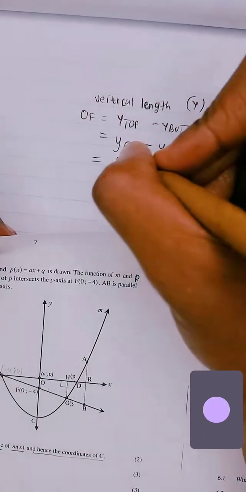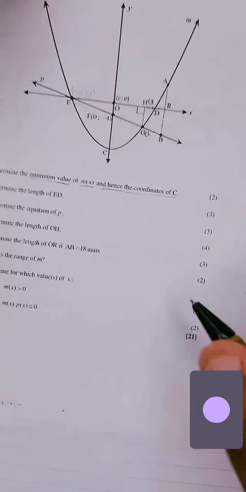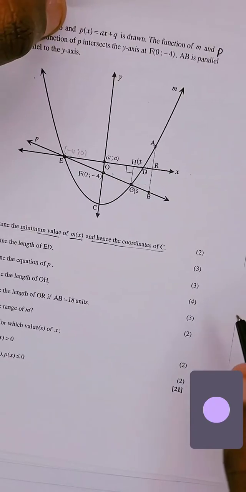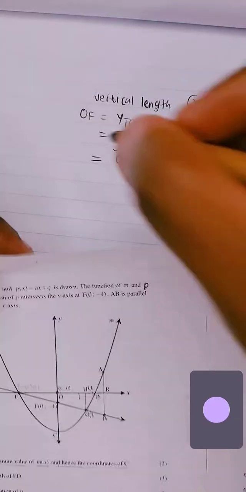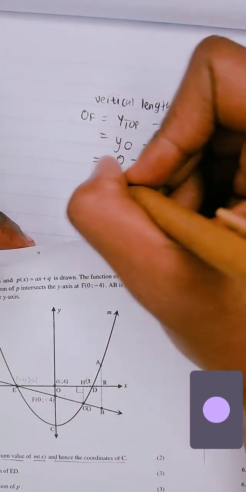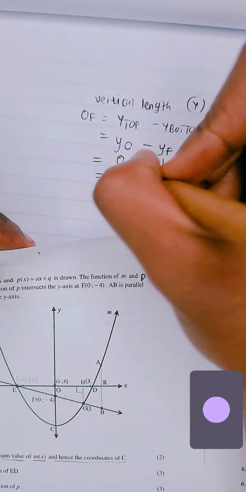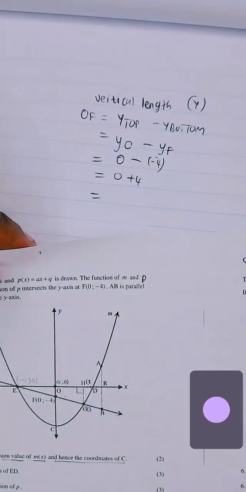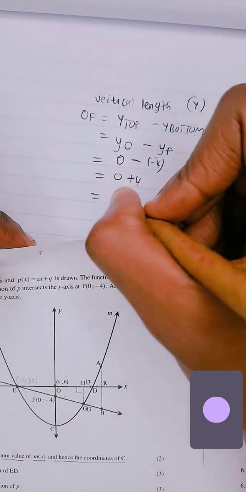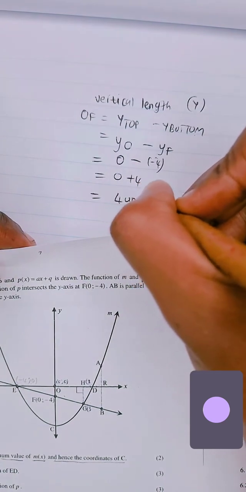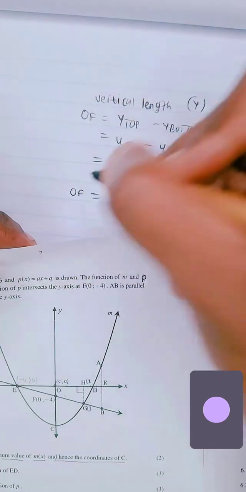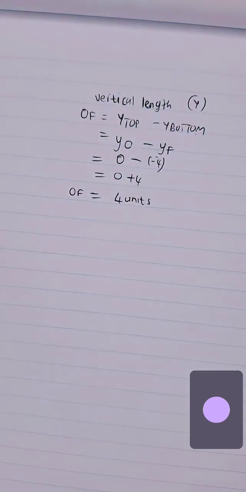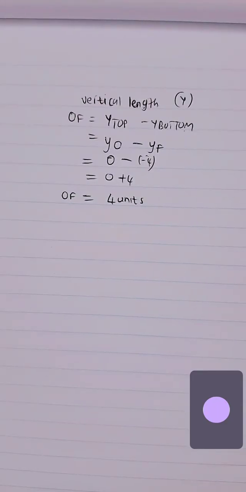You already have a minus sign in the formula. What's the y coordinate of F? Negative 4. So what's 0 minus minus 4? 4. Which the answer then is? There we have it, see, it's 4 units.